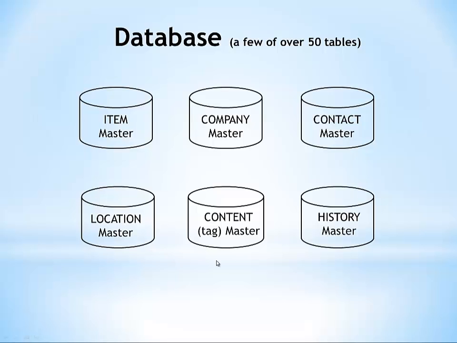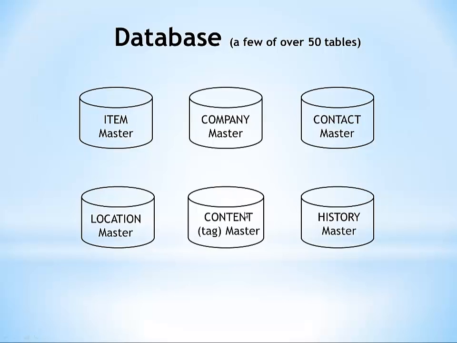Below the item is the location master, and this is where information like longitude, latitude might be kept. It could be where address, street address, zip code is kept. It may be a location name or a company name, or it could be a physical location within a warehouse. So the location master is just the way you set up the different places where information may be kept and where your assets may be stored.